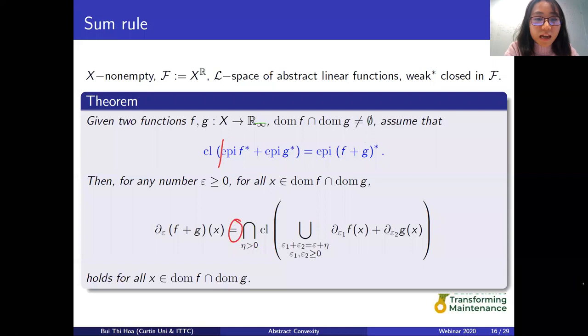But here we have a weaker assumption: the closure of this set equals that epigraph. So the set itself doesn't need to be equal, but its closure equals the epigraph. These conditions hold for every lower semi-continuous function in the standard convex case, which means that we cover the standard convex case. If this condition holds for any functions, we will have the sum rule, and in the convex case it is the standard sum rule.